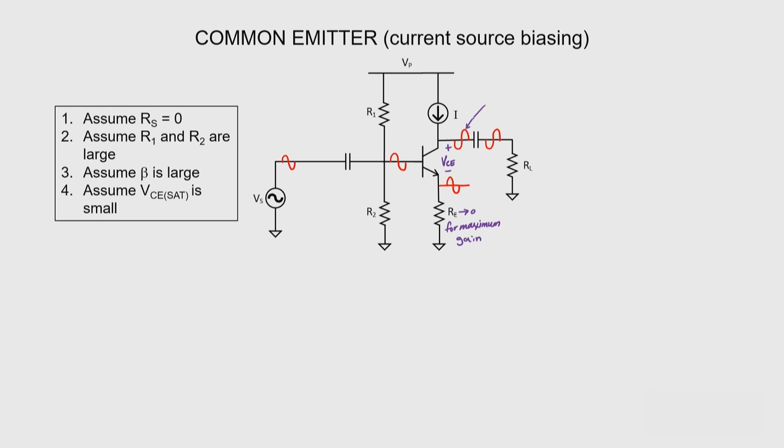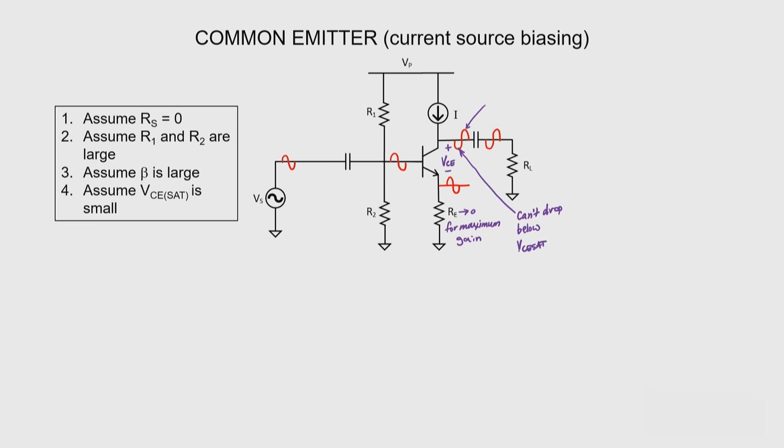The question that I'm interested in answering right now is how high that voltage can go and how low that voltage can go before our transistor starts to have a problem. The reason why I'm interested in the maximum possible swing here at the output is because that's going to correspond to the maximum possible efficiency for the Class A amplifier that we have drawn here. On the low side, we know that it can't drop below the saturation voltage of the transistor.